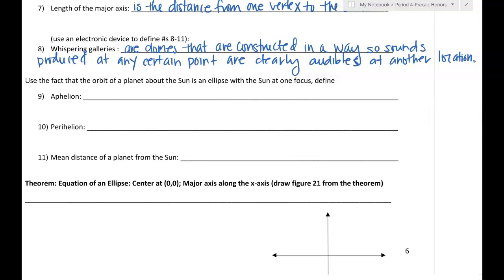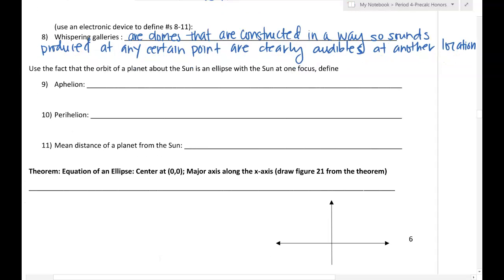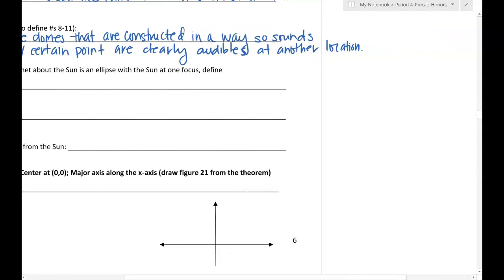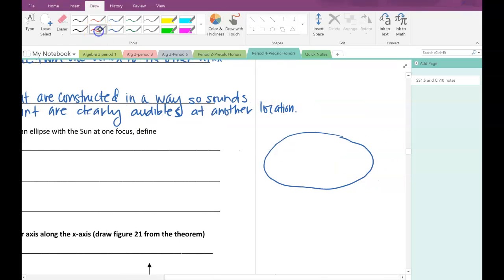Now the next three vocabulary words, I'm going to draw a picture and then define them at the same time, okay? All right, let's go draw this picture. So here is an ellipse. Pretend it's a perfect ellipse. Okay. So we have an ellipse. I'm going to get a different color.